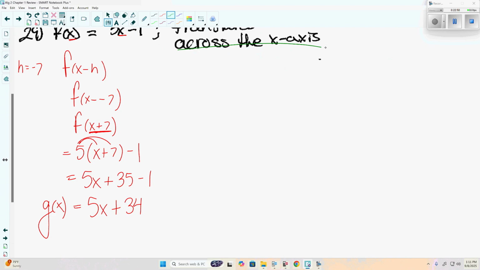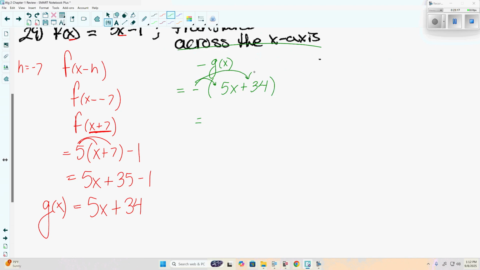Now the other transformation we have is to reflect it across the x-axis. Our reflection across the x-axis is normally negative f of x. But since we're applying it to g of x, it's just going to be negative g of x. At this point we can replace g of x with its function, and then distribute that negative through.